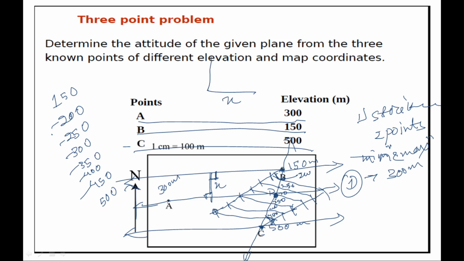This is the vertical drop of elevation. It is 150 and it is 300, so the difference is 150. Vertical difference 150. The horizontal distance, the perpendicular distance that you measure, is x. Then you can find this angle delta, which is the true dip. Okay. So this is the use of the 3-point problem.